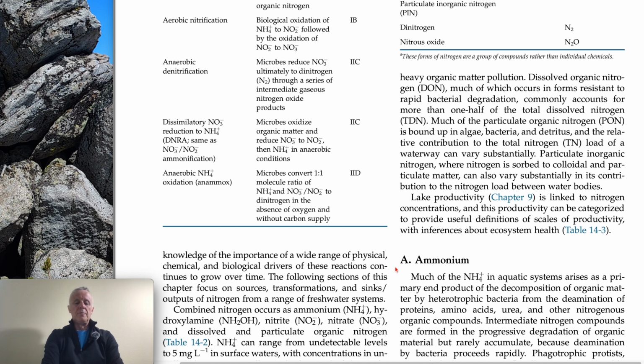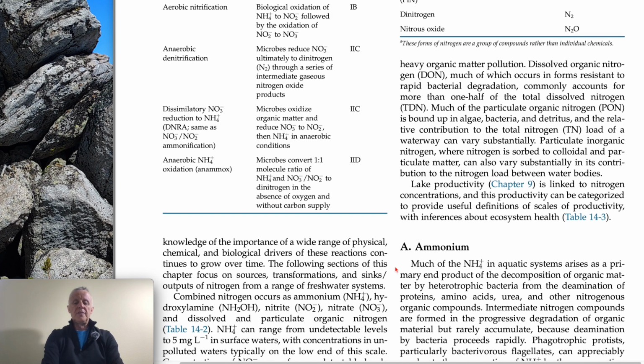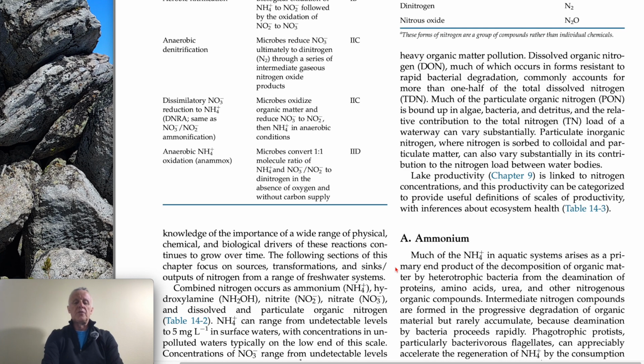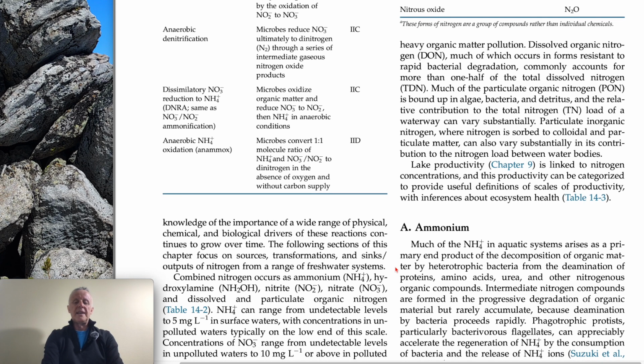Particulate inorganic nitrogen, where nitrogen is absorbed to colloidal and particulate matter, can also vary substantially in its contribution to the nitrogen load between water bodies. Lake productivity is linked to nitrogen concentration, and this productivity can be categorized to provide useful definition of scales of productivity with inferences about ecosystem health.